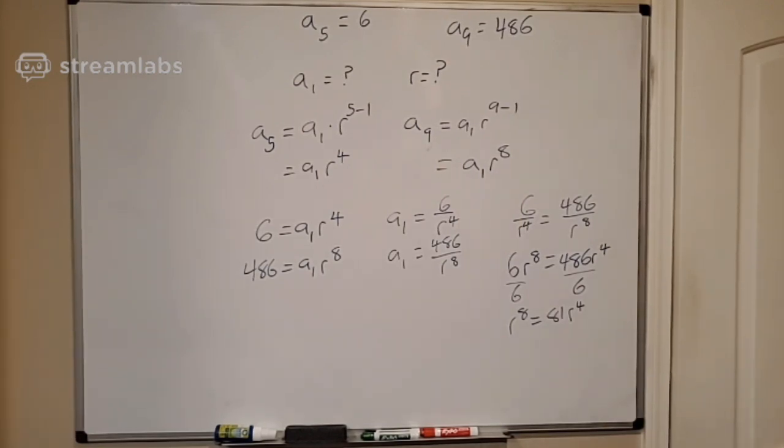What is the issue with dividing by r to the fourth? I'll give a bonus point to anybody who knows. Okay, I'll give you a hint. What are you not allowed to divide by?